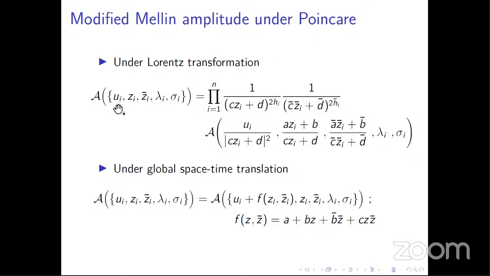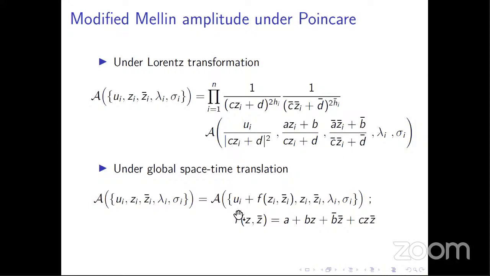Under the Lorentz transformation, the modified Mellin amplitude transforms in the following way, and under the global space-time translation, it transforms in the following way. We saw that the Bondi coordinates transformed the same way.